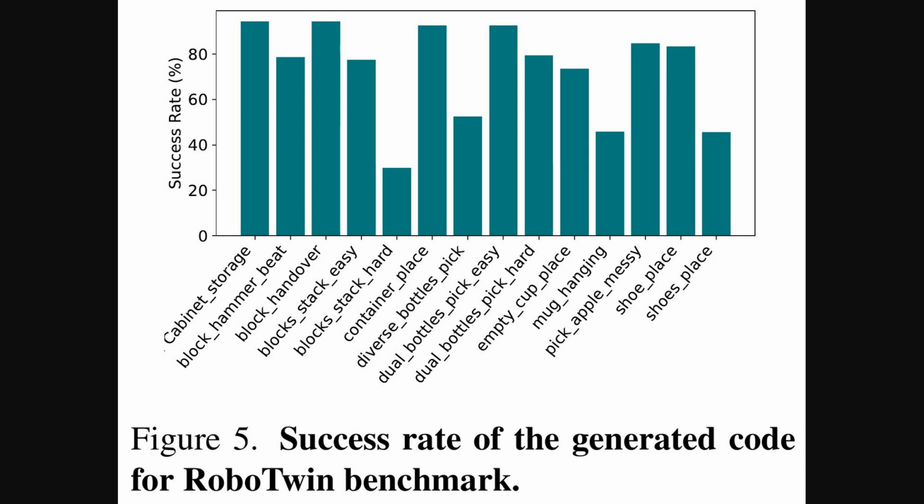The system uses a trajectory optimization library, which is a tool that calculates the best, most efficient path for the robot's arm to ensure the movements are smooth and collision-free. As a result, for many tasks like cabinet storage and block handover, the success rate is really high, over 80%. But it also shows where the challenges are. For instance, container place is much harder with a rate around 30%.